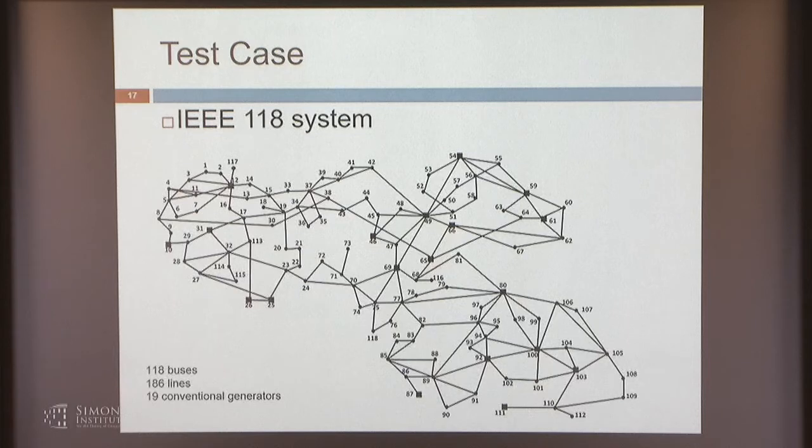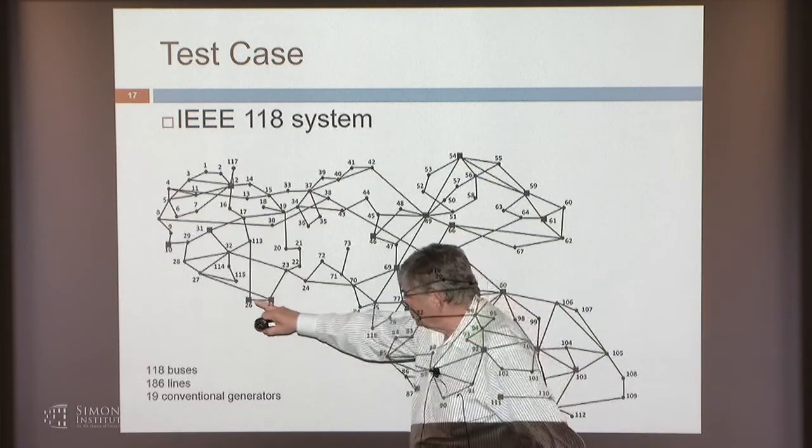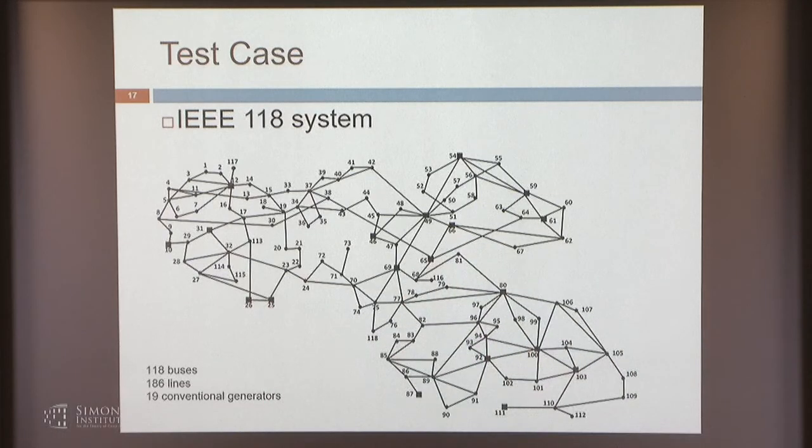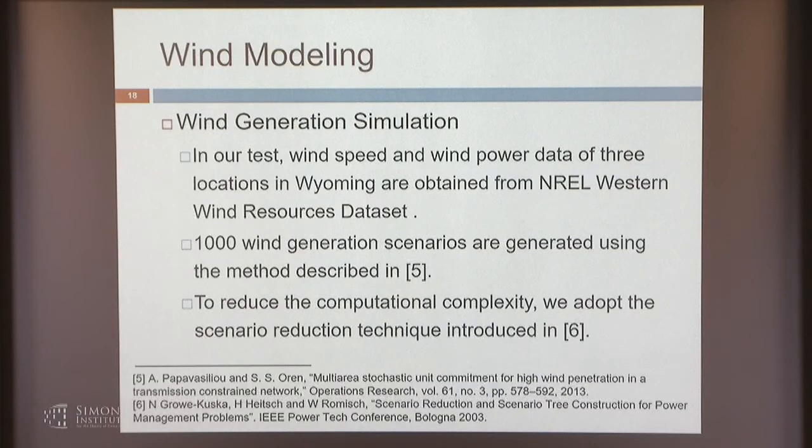Where was the location on here? 89 or something? 86? 26. So the wind farm is at node 26 here. I cannot see it. Oh, I guess it's here. So that's the test problem.